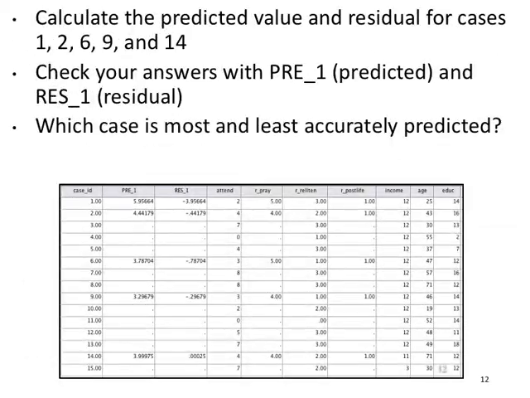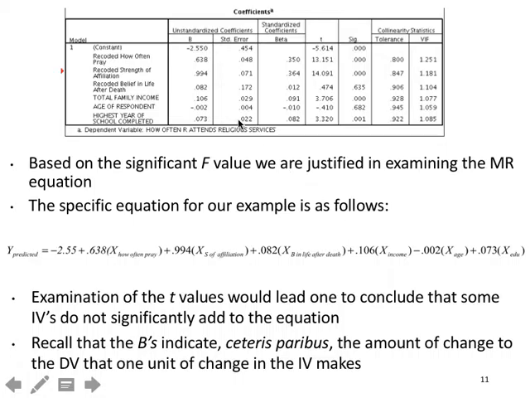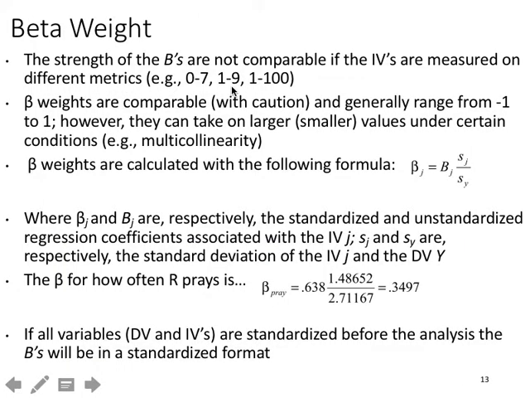And so we have B, which is what we've talked about so far, right? And then we also have beta. And so we want to talk just a little bit more about beta. The strength of the B's are not comparable if your independent variables are measured on different scales. So you have some things between 0 and 7, and some things between 1 and 9, and some things between 1 and 100.